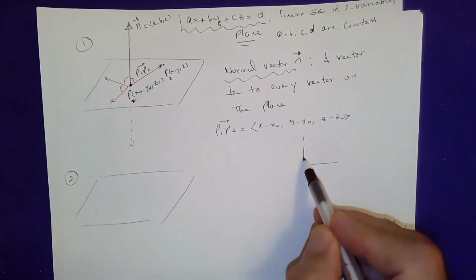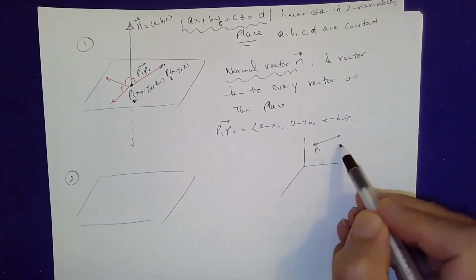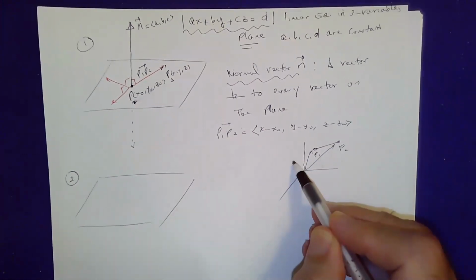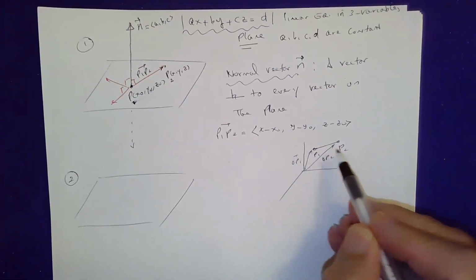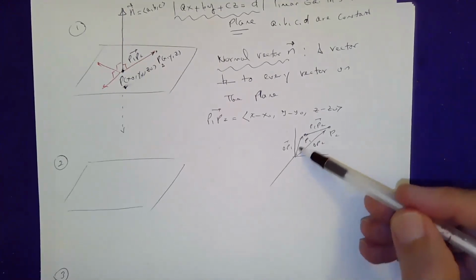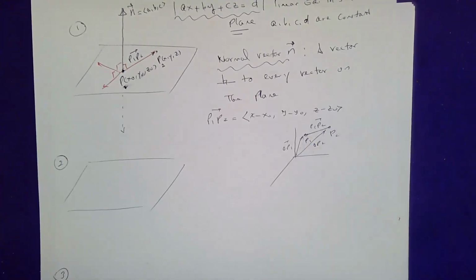So if this is my three-dimensional axis, and here is my vector P1P2, just draw the position vectors, call these OP1 and OP2, and notice OP1 plus P1P2 equals OP2.